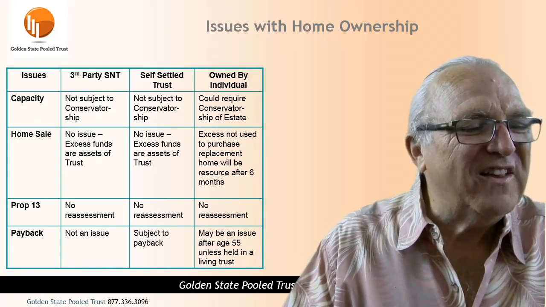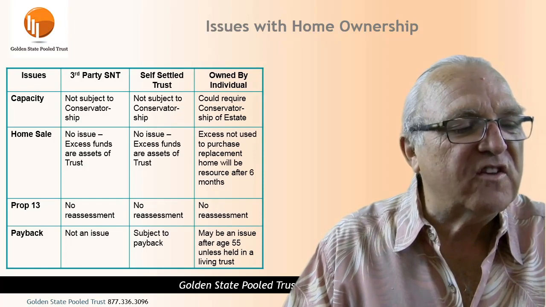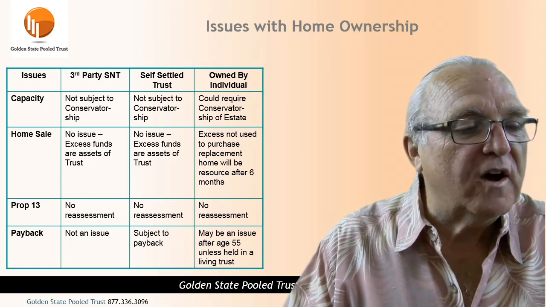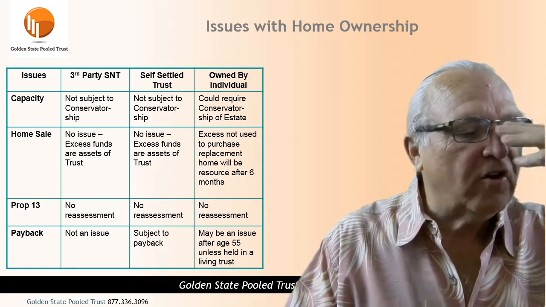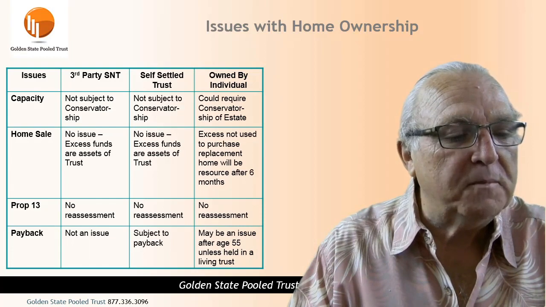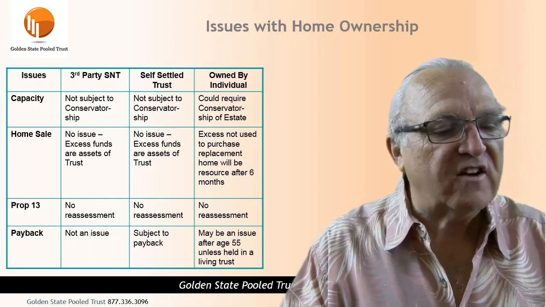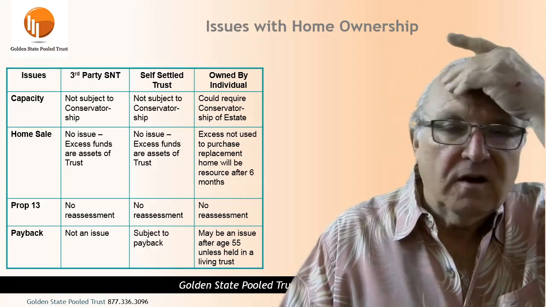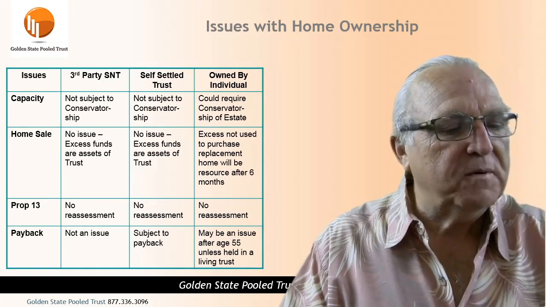If it's sold within a self-settled trust, if the house is actually owned by a self-settled trust, the excess funds remain in the trust. The problem is if it's owned by the individual, the excess not used to buy a replacement home is going to be counted as a resource after 3 months. Okay, so that would need to be taken care of.